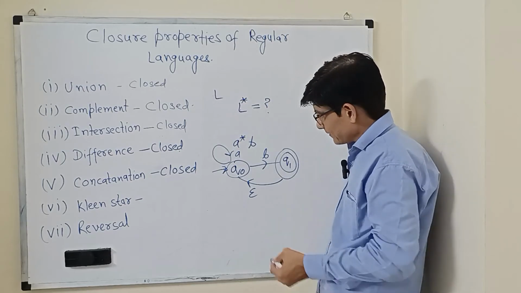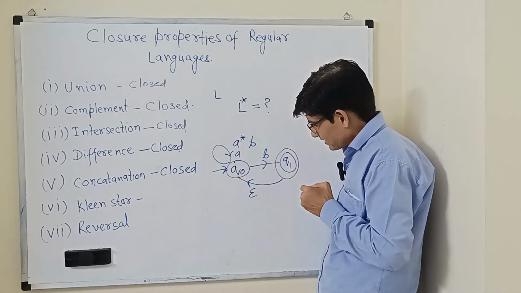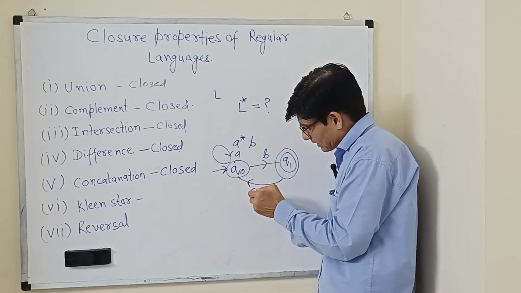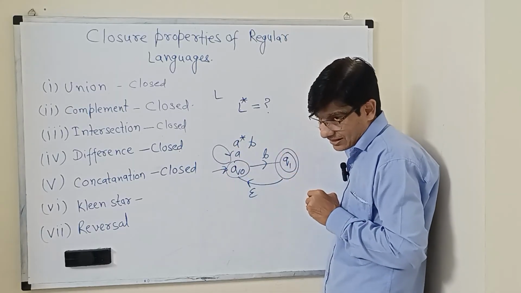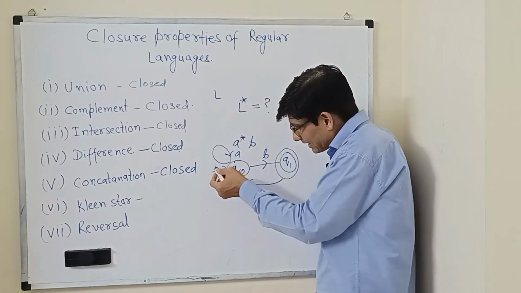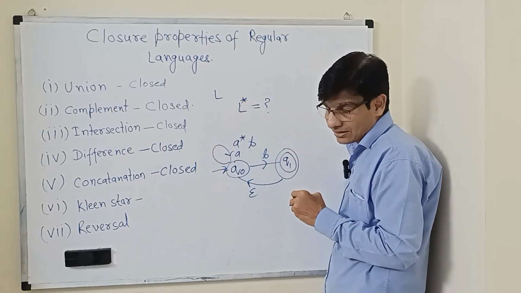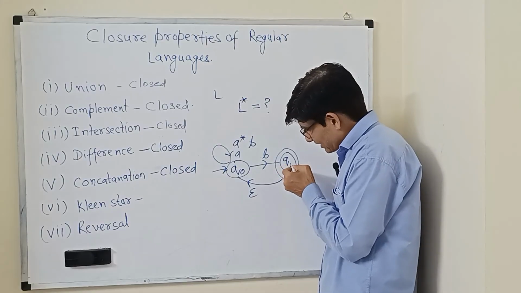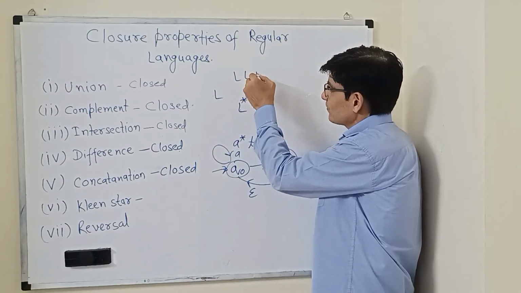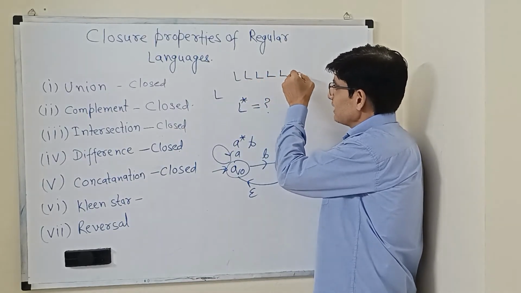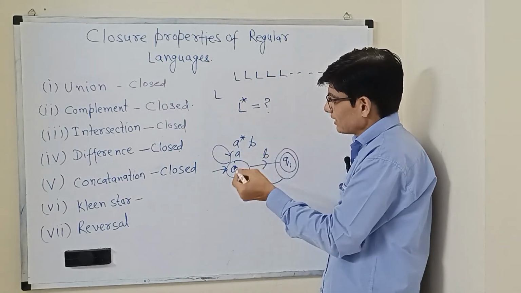How? After reaching the final state, using an epsilon transition we can move to the initial state again, and then we can accept the same language again. On reaching the final state, again we can move. So we can have any number of occurrences of L like this.